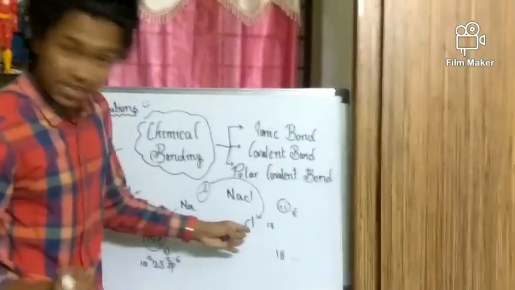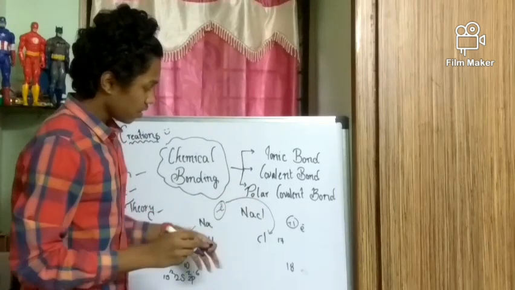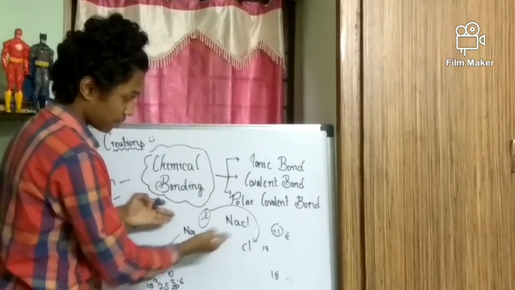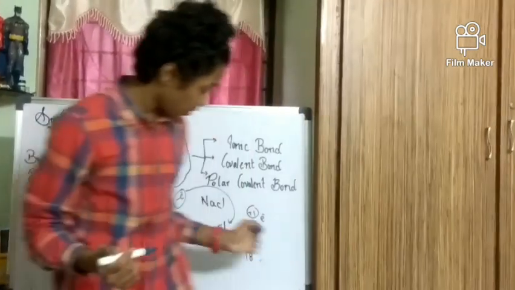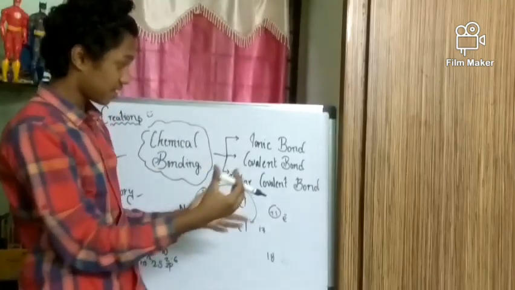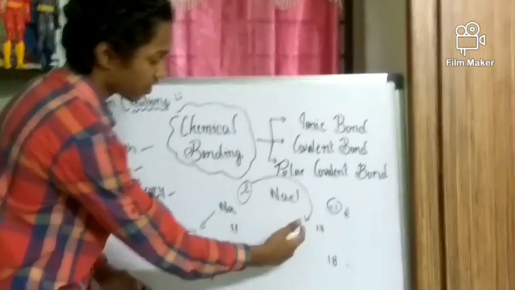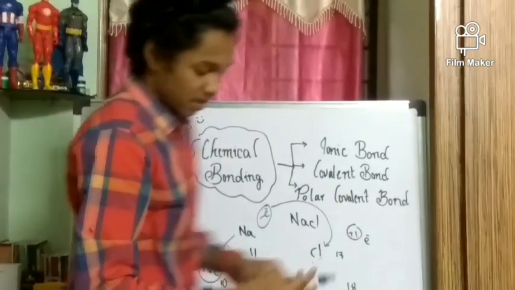Chlorine is not giving any electrons to sodium, so there is nothing mutual. Chlorine gained one electron, but it is not giving anything back. These two are not mutually sharing. Only sodium is losing one electron and giving it to chlorine, and chlorine is not giving anything. That is called an ionic bond.